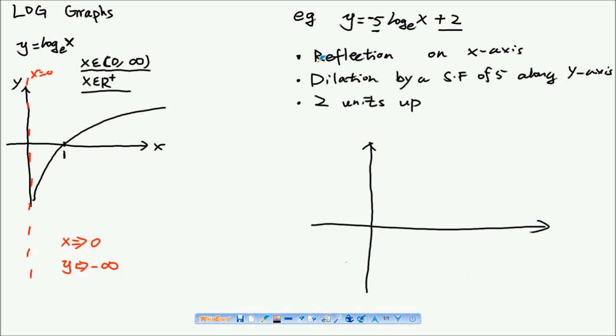Let's concentrate on the reflection first. It's going to be reflected on the x-axis, so the asymptote won't change, and I would have a graph looking like that. Dilation by a scale factor of 5 along the y-axis means it's going to be stretched vertically, and the whole thing moved 2 units up.